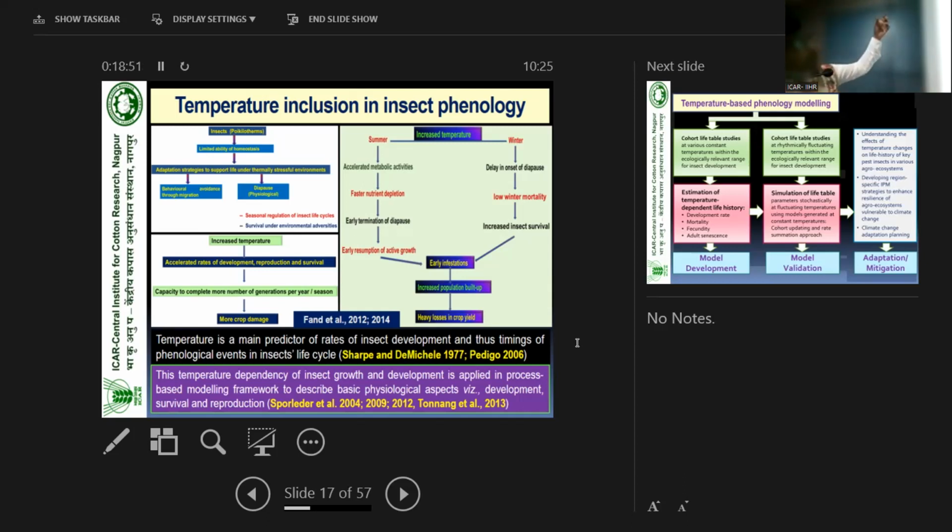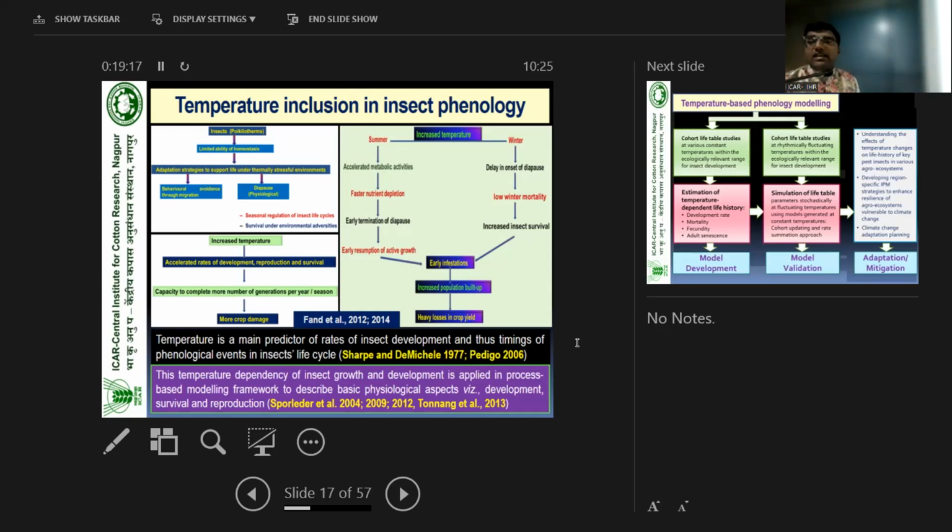And that's why we have to have temperature as one of the key predictors among the environmental factors in insect phenology, and the models developed for studying insect phenology have temperature as a major dominant environmental factor. Given this limited ability, an increase in temperature will accelerate the rates of development, reproduction, and survival.